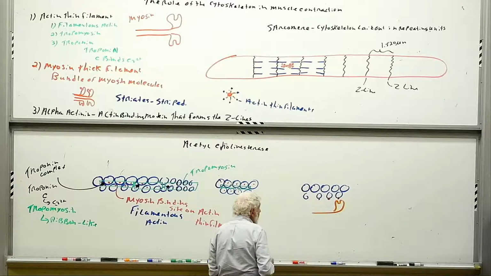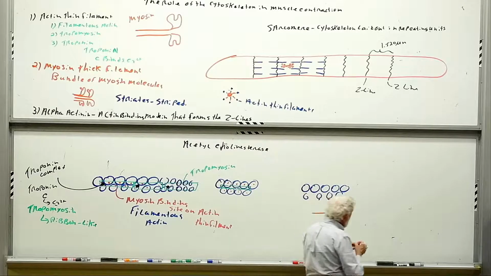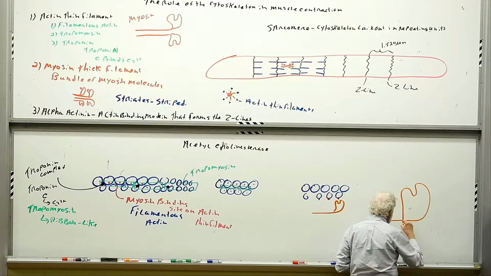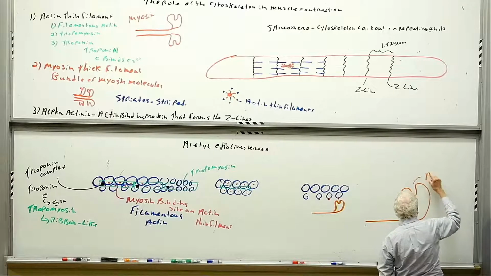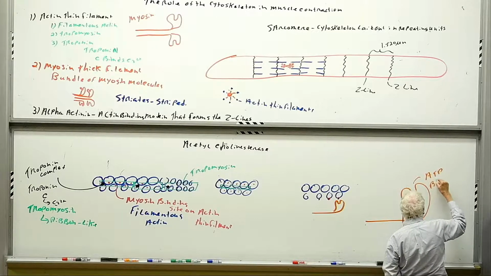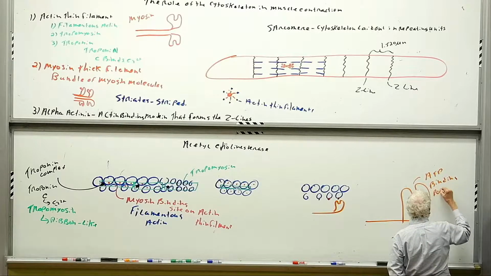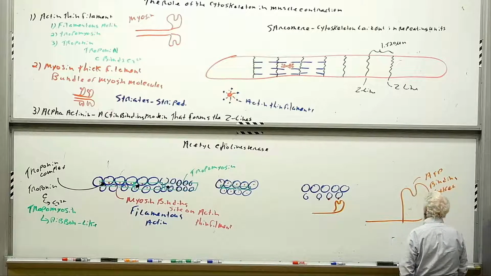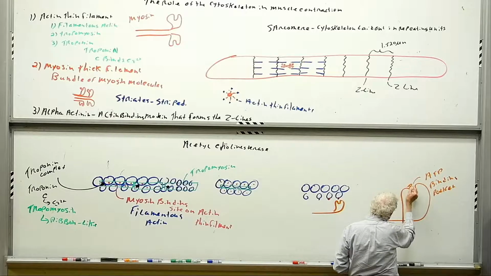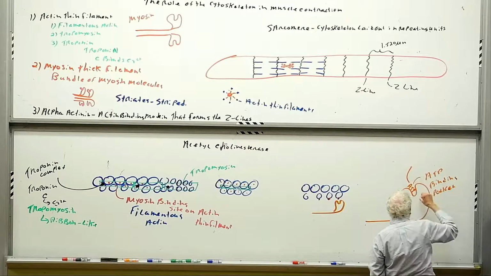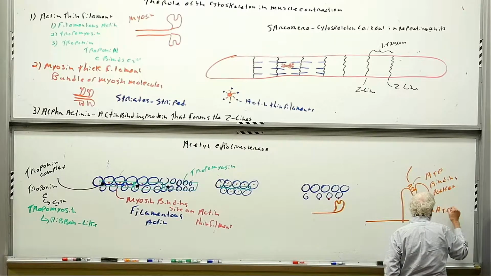I'll remind you from something we talked about early on, that each one of these myosin heads has an ATP binding pocket. So it will bind ATP at this site. And another important concept here was that the myosin head is an ATPase.